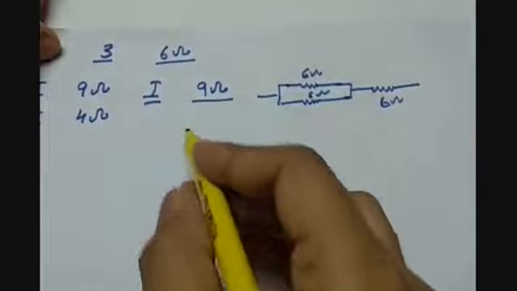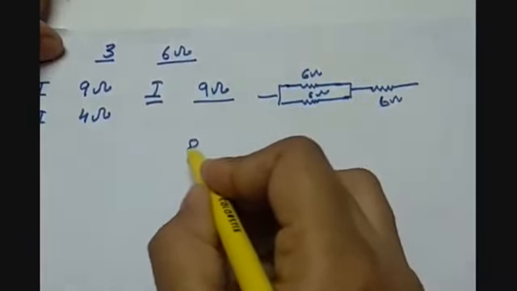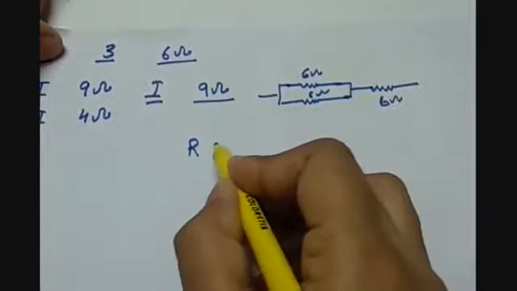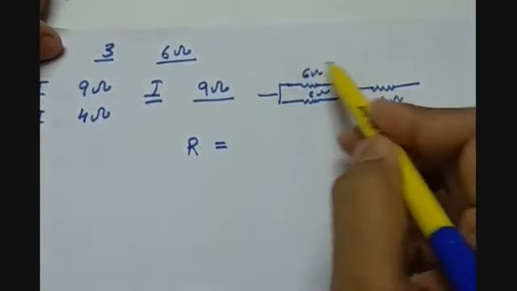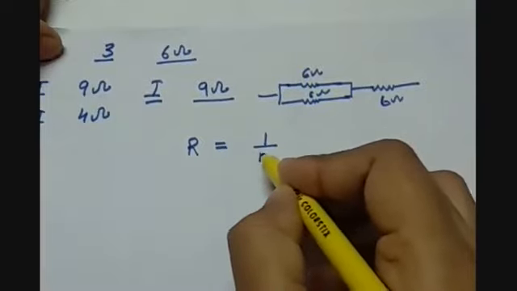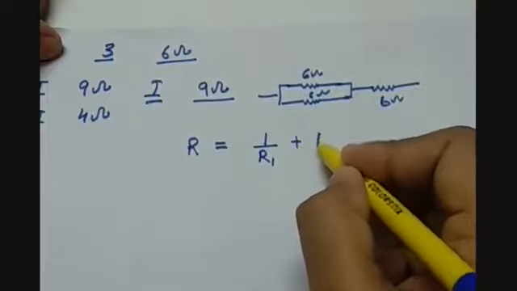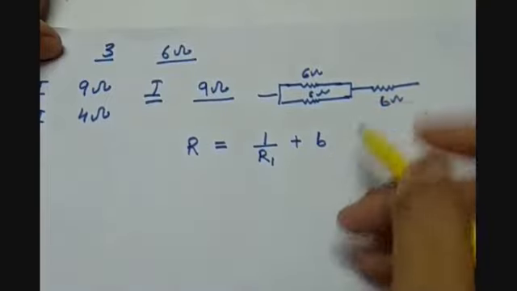So if we calculate this, let us find the equivalent resistance of this circuit. So this will be the resistance of this circuit, that would be 1 upon R1 suppose, and this is 6 which is in series, so this will be directly added up.